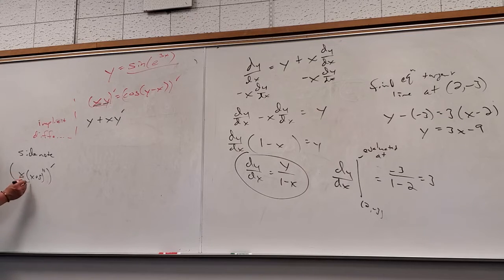Isn't this a function times another function? What if I had x times tangent of 5x? Isn't that a product rule, a function of x times another function of x? So x times any function of x, how do I take its derivative? Product rule, because it's a function of x times a function of x.